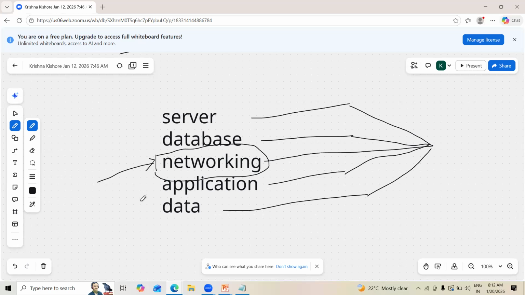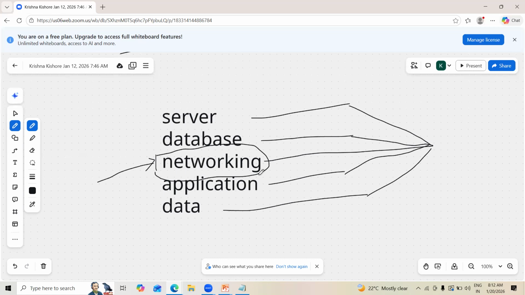We have different services and options like scalability and so on. Many things we are going to discuss slowly. The key point is if you know very well about networking in cloud, that is more than enough. You will know everything after that.